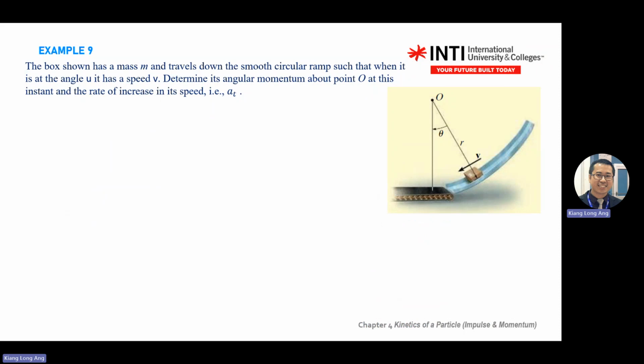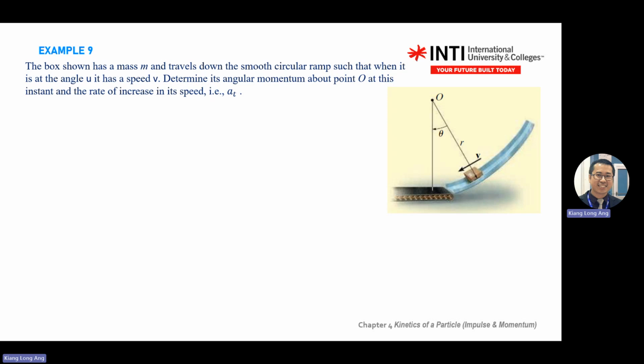So when you need to know whether to use this formula, angular momentum, you look at the question: when you see r with theta, very high chances you need to use the right hand rule or the angular momentum equation. So you have a sliding from one position, high ground, to a conveyor here.